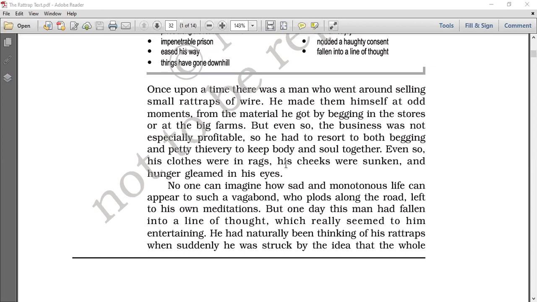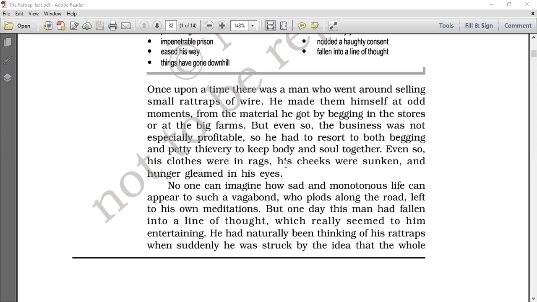Once upon a time there was a man who went around selling small rat traps. That was his business line. Rat traps of wire, he prepared them himself at odd moments. Underline the word odd, it means irregular moments, from the material he got by begging in the stores.